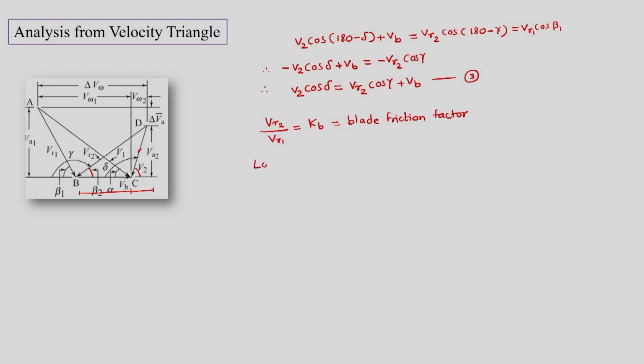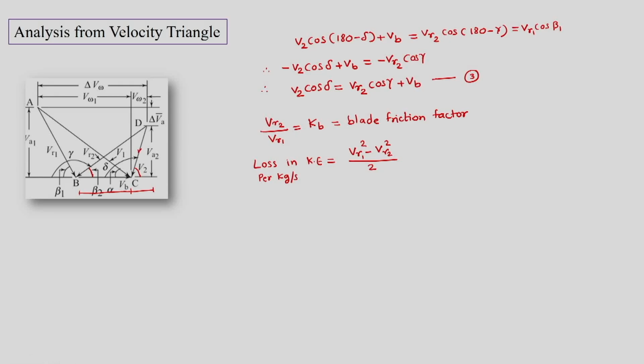This Kb would be of interest for estimating the different performance parameters of the impulse turbine, since there is loss in kinetic energy of the flow due to friction, and that is VR1 square minus VR2 square divided by 2, per kg per second.